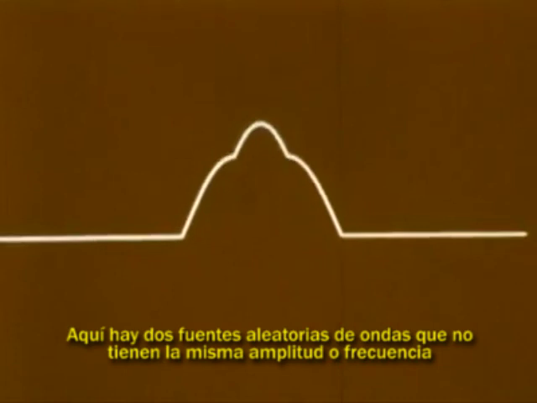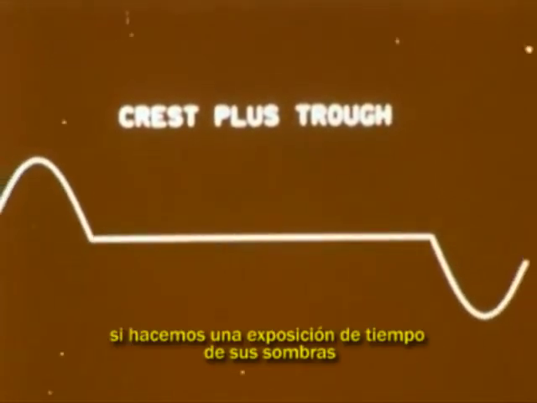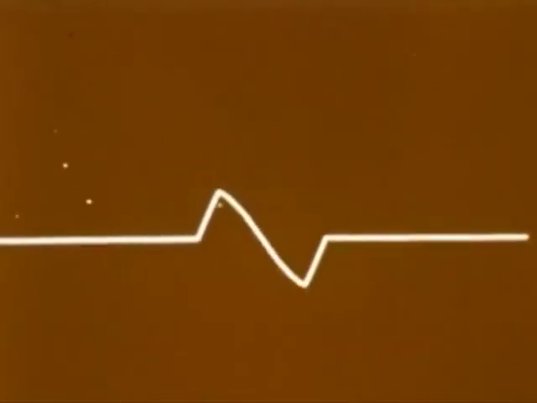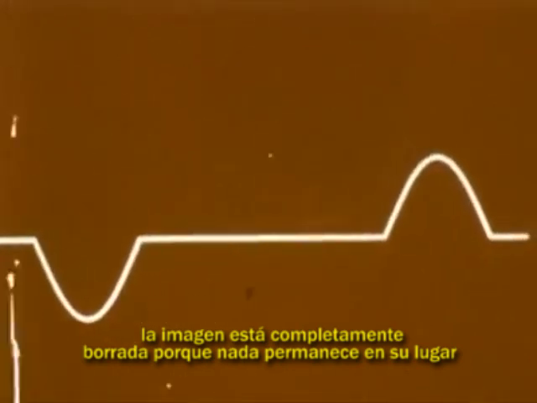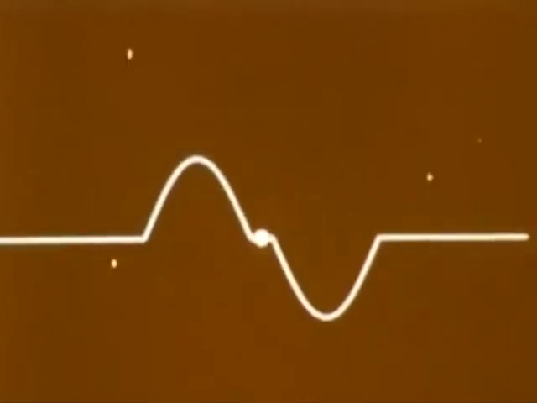Here are two random sources of waves, not of equal amplitude or frequency. If we make a time exposure of their shadows, the image is completely washed out because nothing remains in place. Here are two pure wave sources of equal amplitude and frequency.